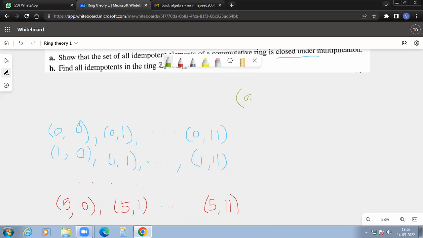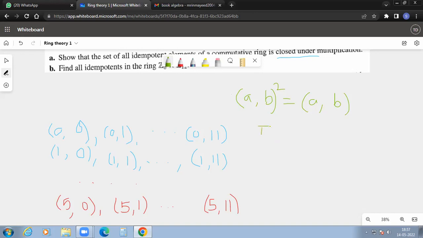So I want ordered pair AB multiplied by ordered pair AB equal to back ordered pair AB. Means I am collecting those elements whose squares are they themselves. A square must be A and B square must be B, because this is component wise multiplication. So in Z6, what are the idempotent elements? 1 ones are 1. I hope all of you know this.